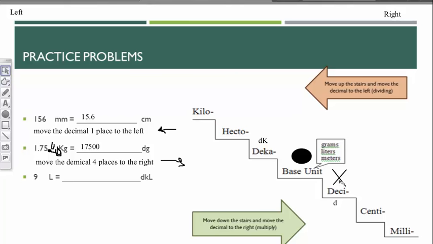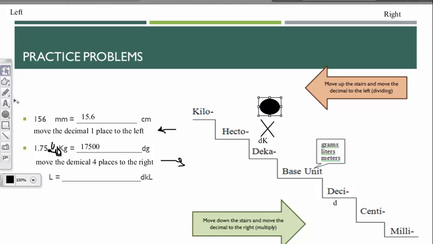So I'm going to grab my little X that marks the spot. Gotta move it, right? All right, so I'm gonna go from liters to deca. Oh, I'm only gonna move one. See? One. Never count the step you're on. Always count the step that you move to as one.